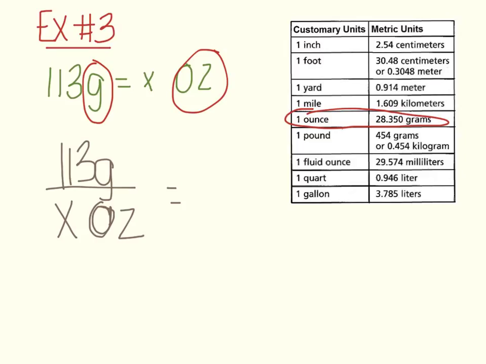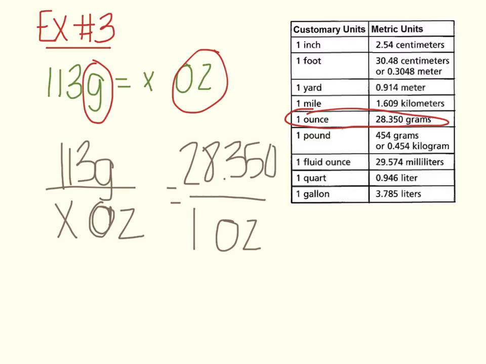So remember, you have to line it up in the chart. I have 1 ounce, which is OZ is the abbreviation, for 28.350 grams. I had to line up the grams and line up the ounces. And now we can cross multiply.